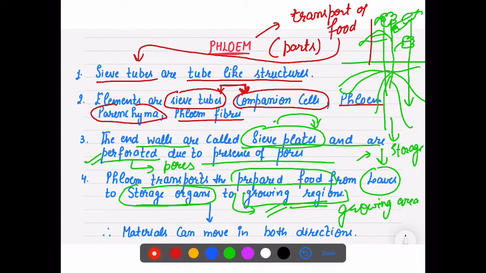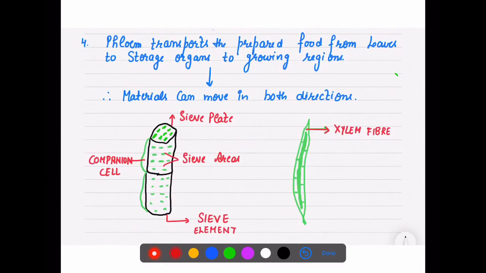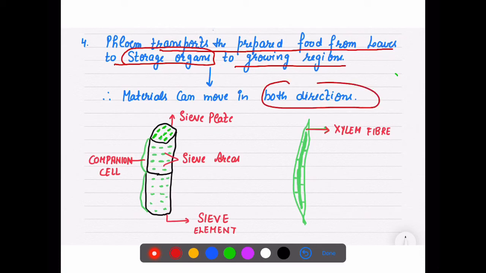It provides food in this direction as well as in the downward direction. So it can move in both directions. That is why its flow is called bi-directional flow, because it has to provide food to the upper areas as well as to the lower areas. So phloem transports the prepared food from leaves to storage organs as well as to the growing areas. So it is bi-directional in its movement.